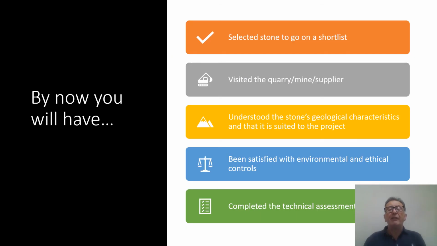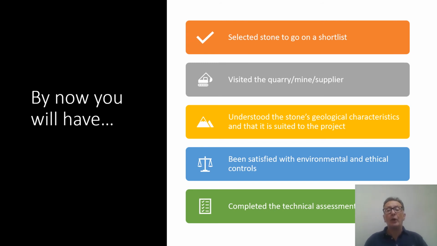If you've been able to follow the 4 steps that have been described in the talk so far, by now you should have selected a stone or maybe 2 stones to go on your preferred shortlist. This would be your first choice material and potentially a backup, should, for any reason, that preferred first choice material no longer be available.